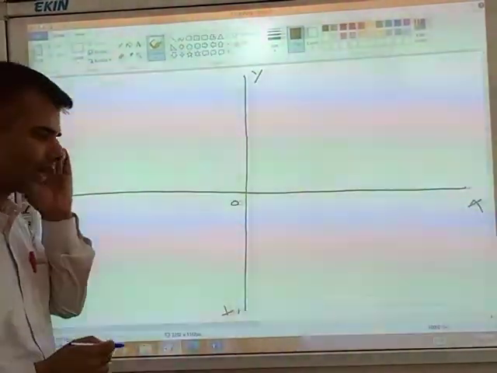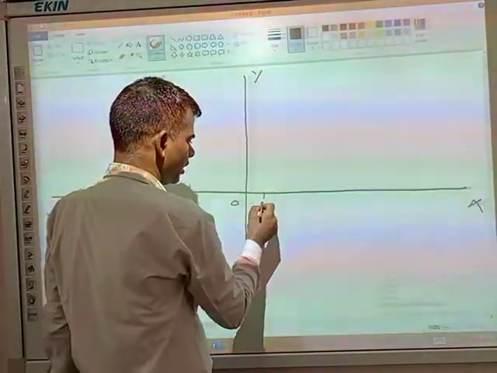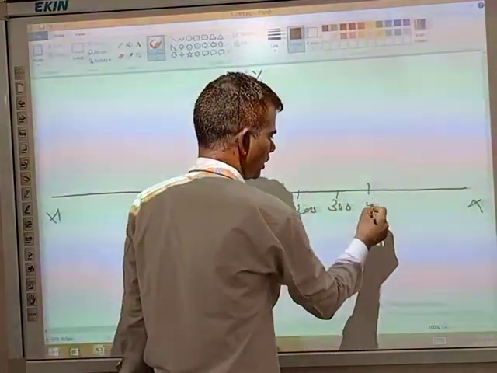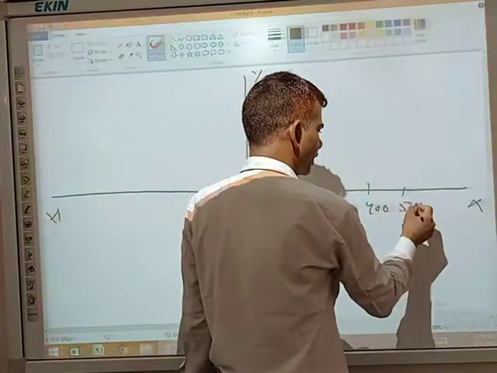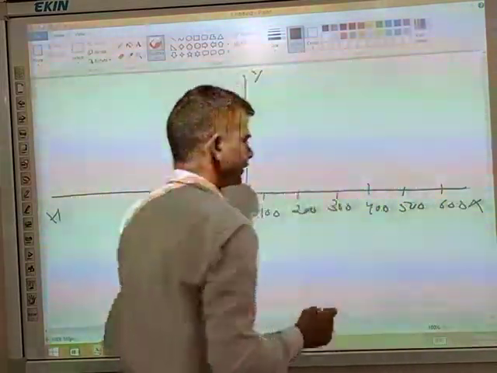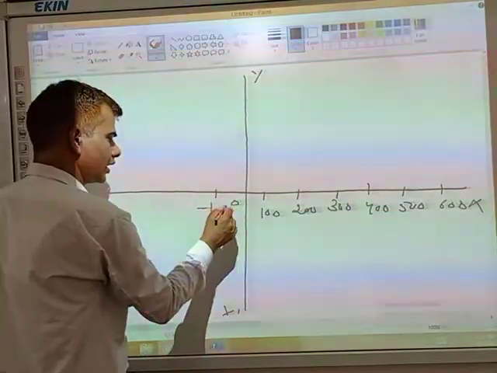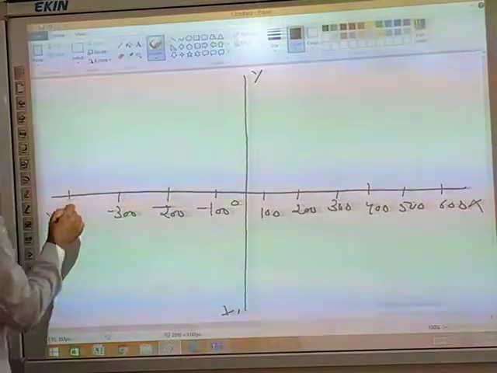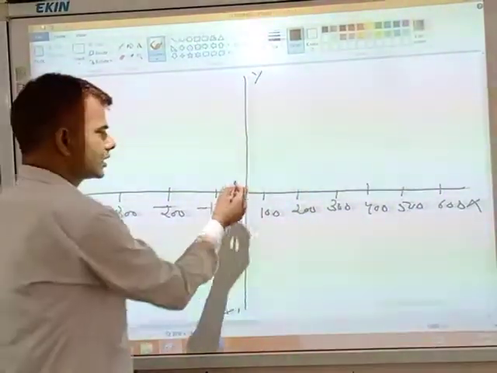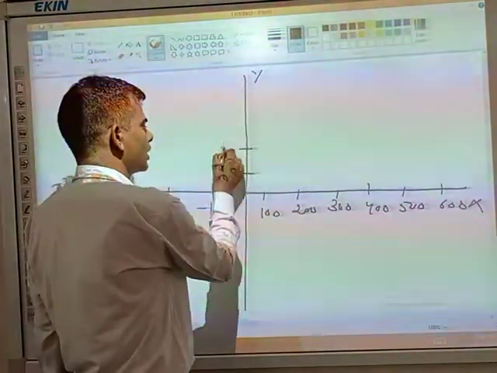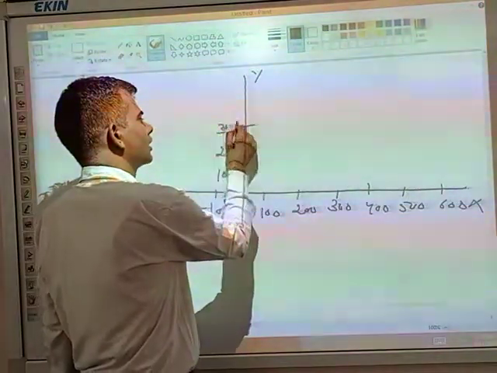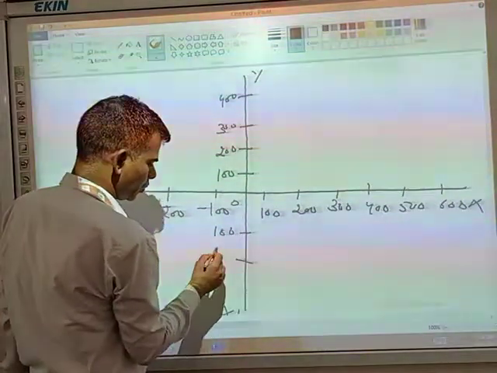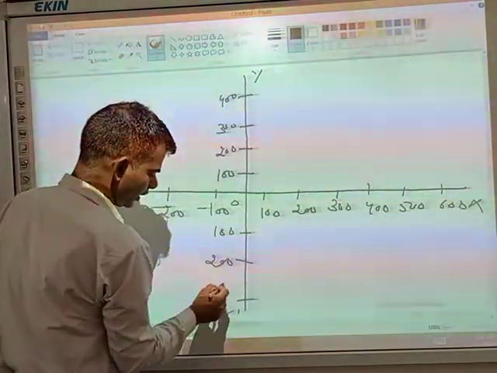We will take the gap as 100: 100, 200, 300, 400, 500, 600 on the positive side, and minus 100, minus 200, minus 300, minus 400 on the negative side.